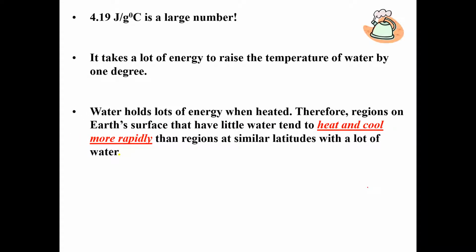Therefore, regions near water tend to stay warm longer, while those who have less water heat and cool more rapidly. Okay, the temperature near the water stays more consistent. Remember, it goes both ways.